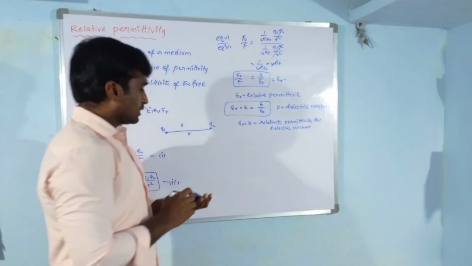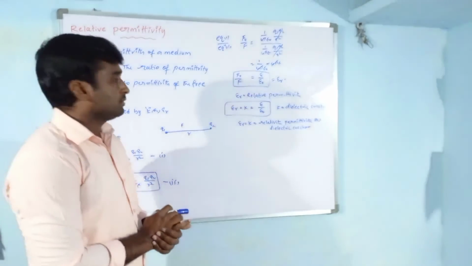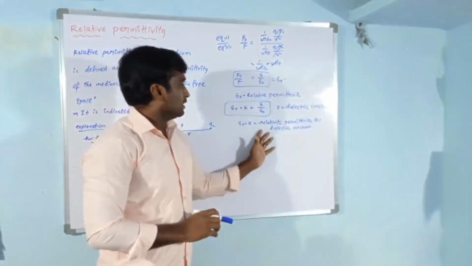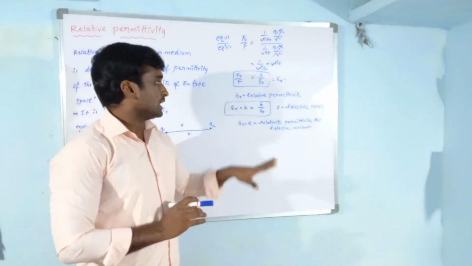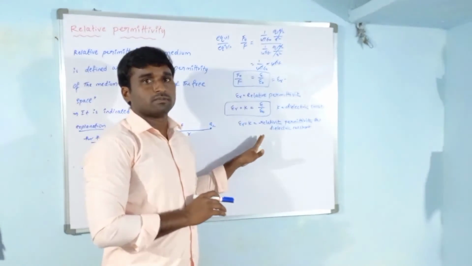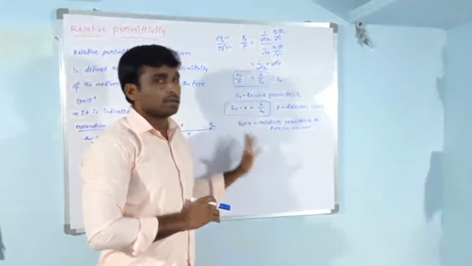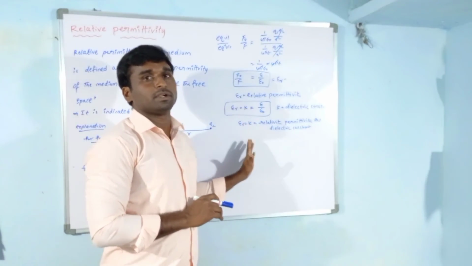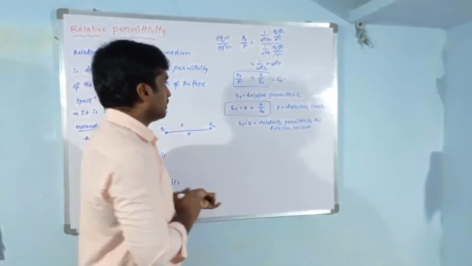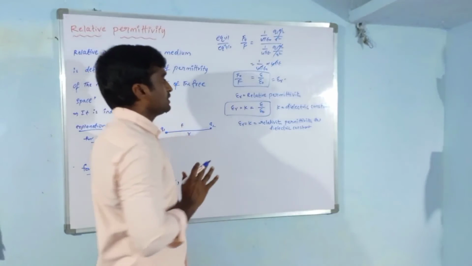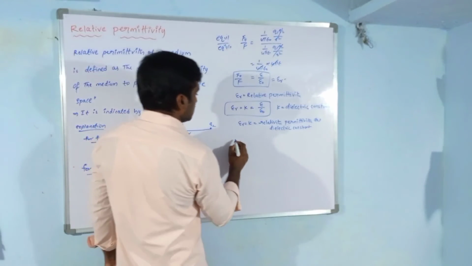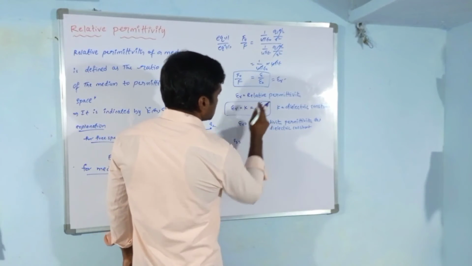What are the units and dimensions of the dielectric constant or relative permittivity? It has no dimensions and no units. Why? Because it is just the ratio of the permittivity of the medium to the permittivity of free space. Epsilon r is epsilon by epsilon naught.